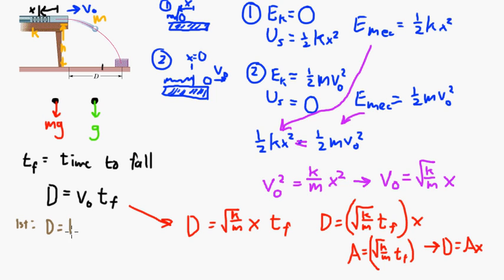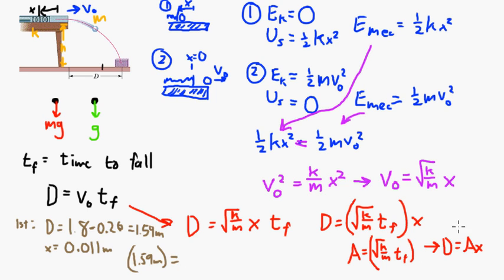So 1.8 minus 0.26, which is going to equal 1.54 meters was our first distance. And x was 1.1 centimeters, which means it's 0.011 meters.